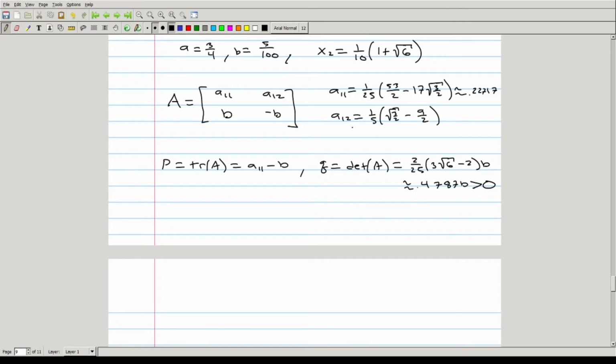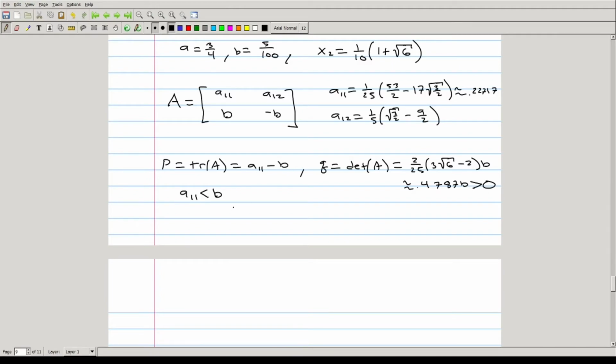And so the thing that really determines the stability of the system is b. Specifically, if a11 is less than b, this is going to be negative.